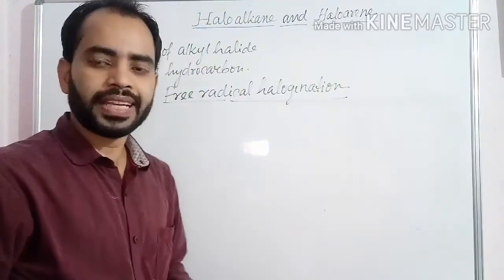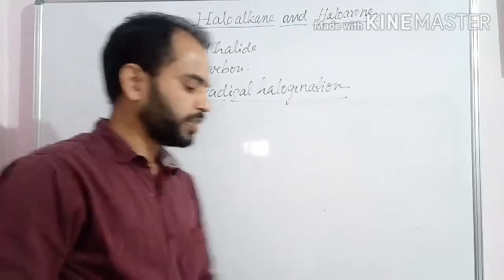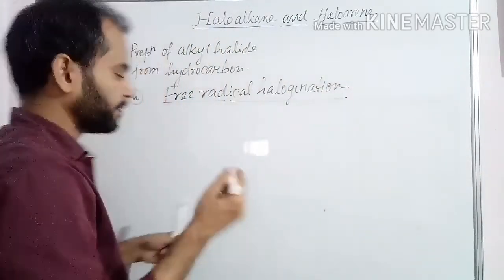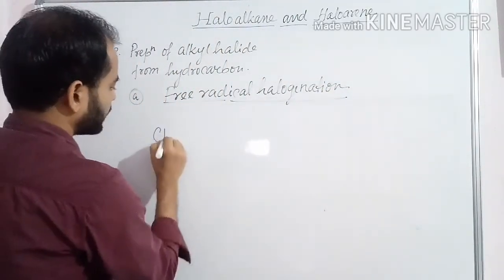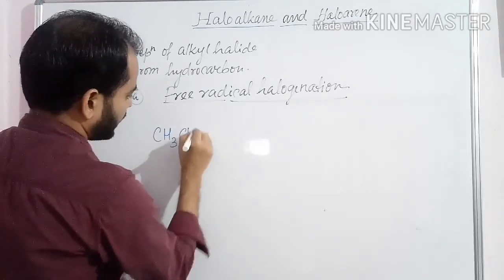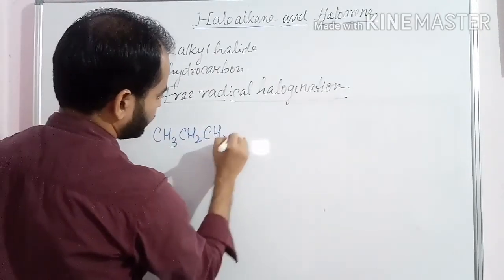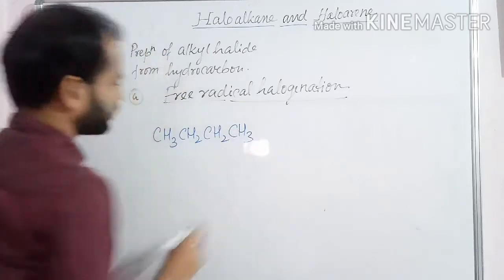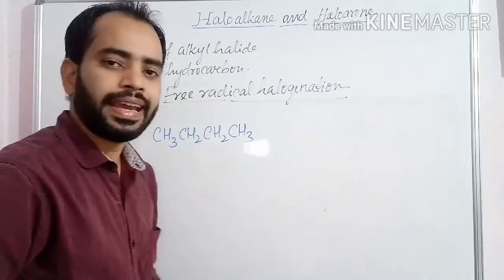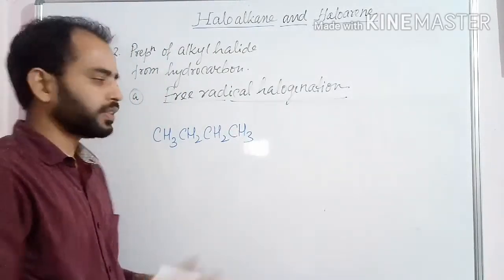So in free radical halogenation, suppose we take an alkane. Suppose this is your alkane molecule, butane.